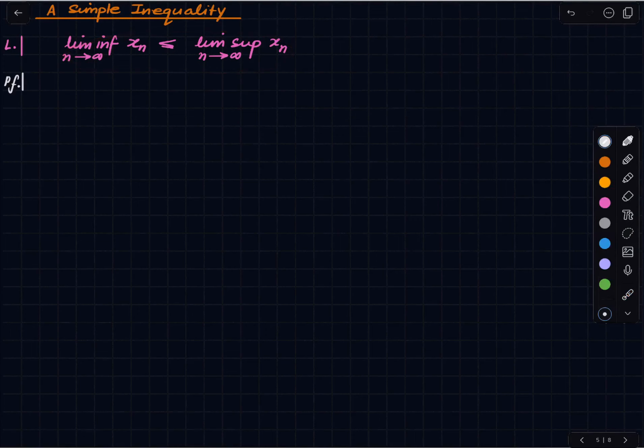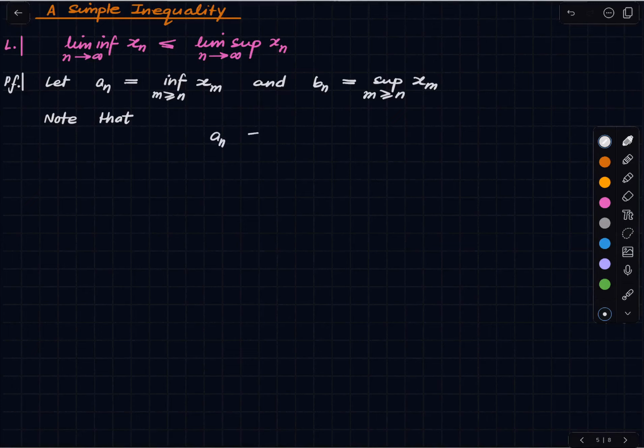Okay, so why is this true? Let a_n equal the infimum of the tail starting at n, and b_n be the supremum of the tail starting at n. And note that a_n is at most b_n for all n.